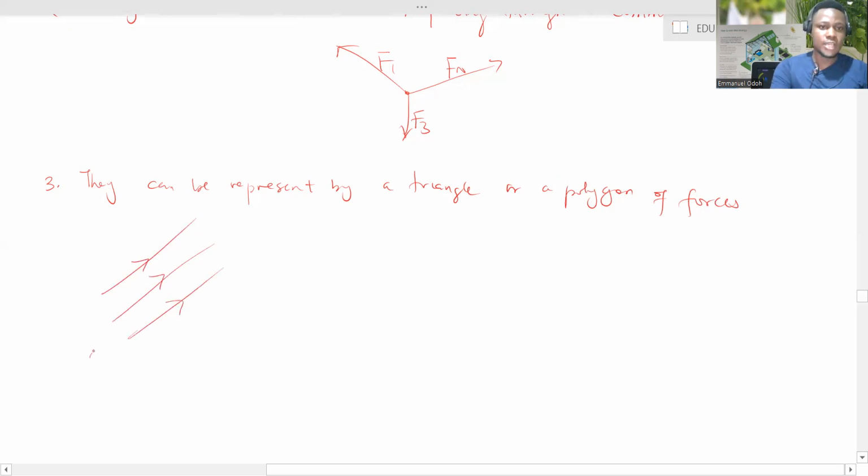Now let's see. These are collinear. These are collinear. These forces are planar. They are not collinear. These forces are concurrent.